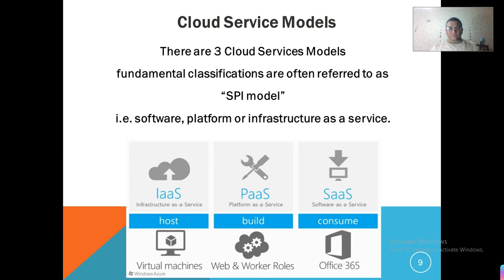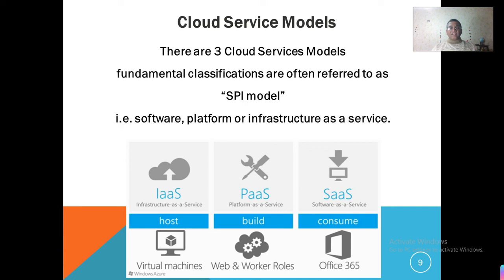When we talk about PaaS, we have Microsoft Azure. The web and worker roles are examples of this. And IaaS is the hosting scenario where we are allowed to create a virtual machine. The best example of IaaS is EC2, provided by AWS.